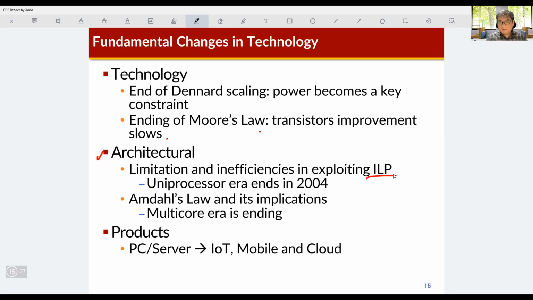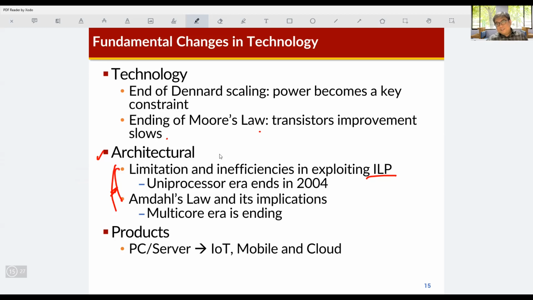Okay. So it can be very sad news for a computer architect, but it's not actually sad.